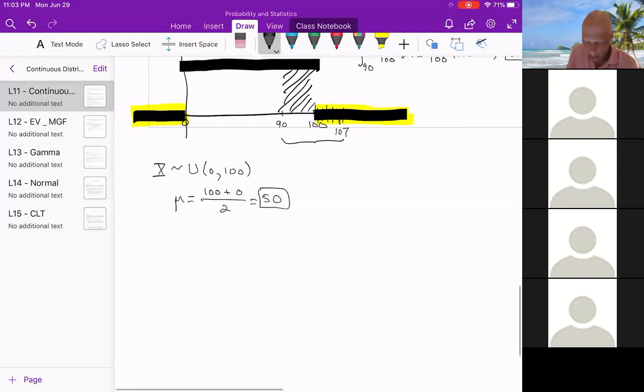And the variance is b minus a squared over 12, which is 10,000 over 12, which I don't think comes out to an especially nice number, but let's see. 833.333.